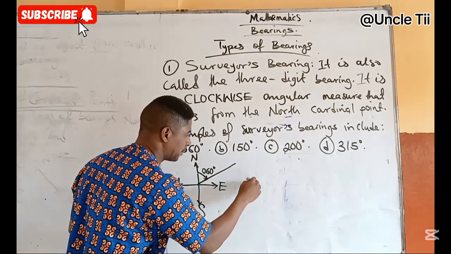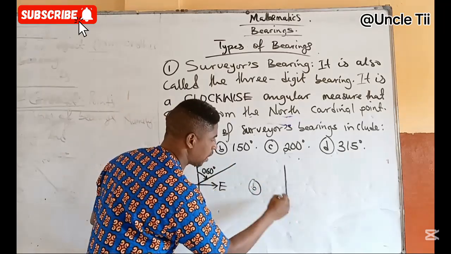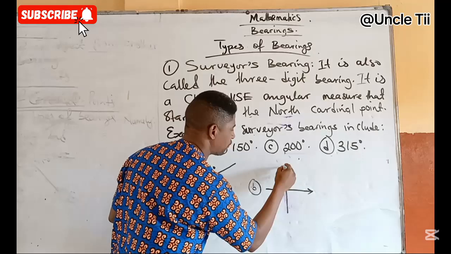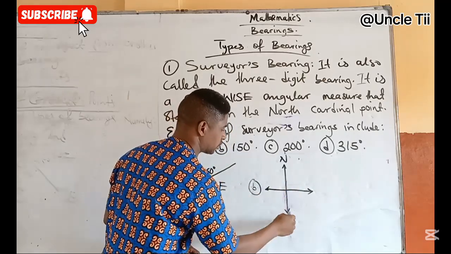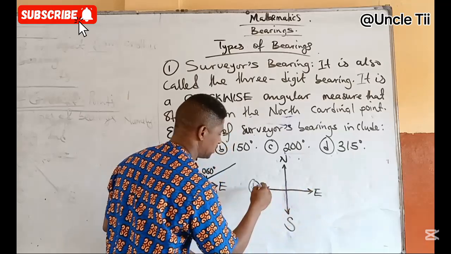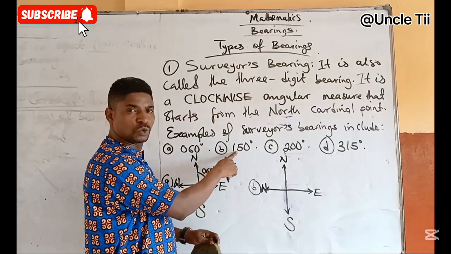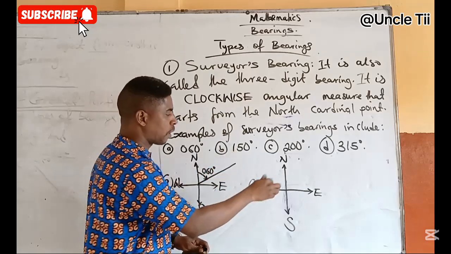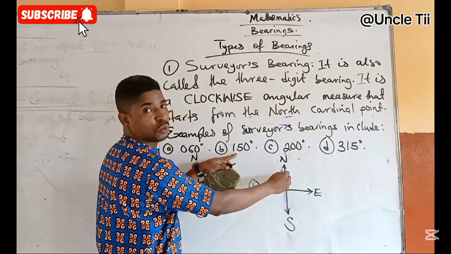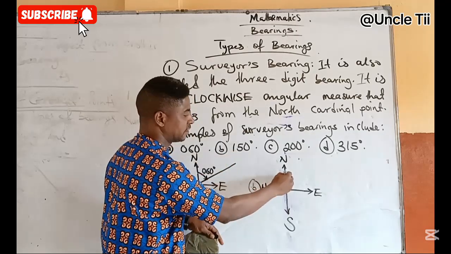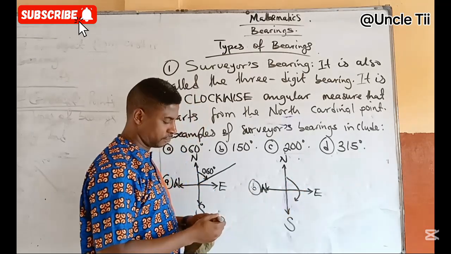For the second one, 150 degrees. We are still going to have our 4 cardinal points: north, south, east, and west. We are dealing with 150 degrees. So we are going to move clockwise from this north till we exhaust 150 degrees. So we'll move and stop before we get to the south.